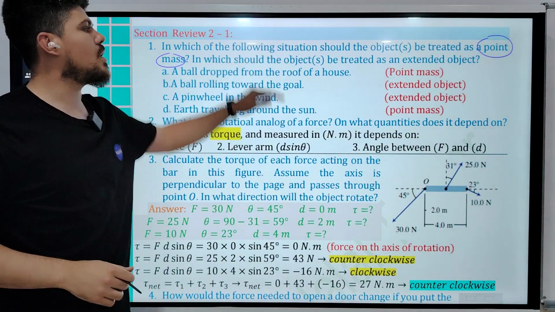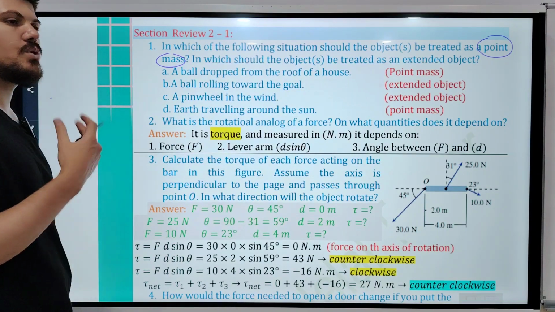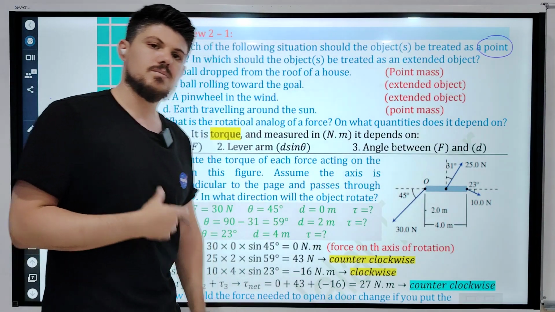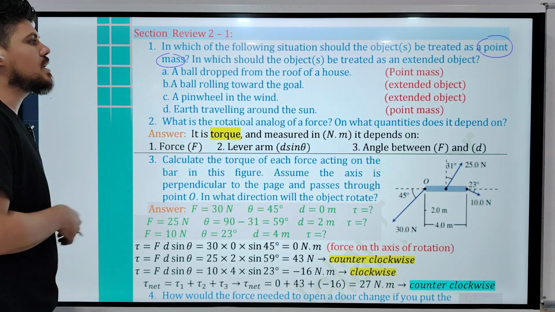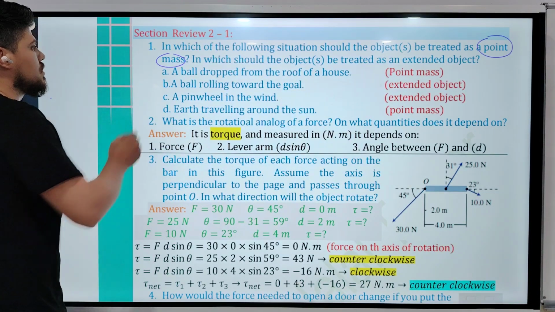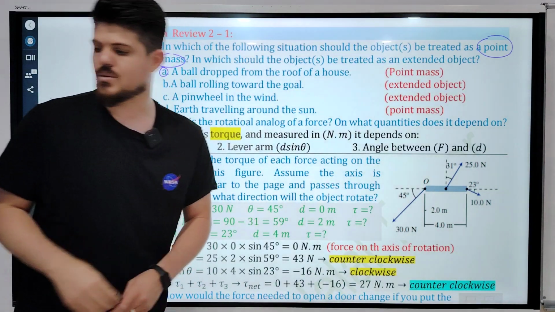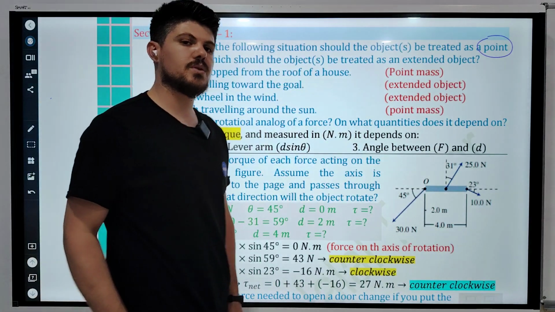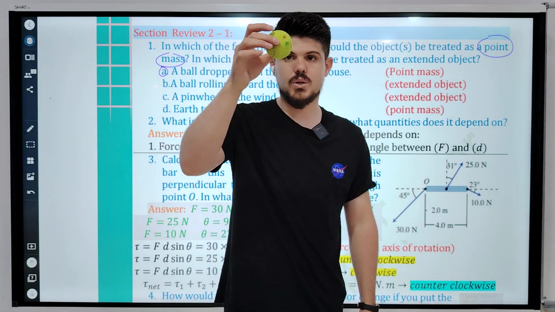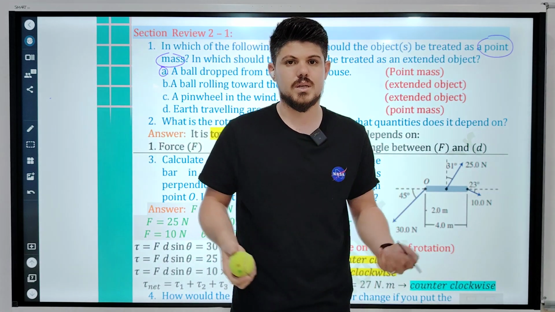In which of the following examples should the object be treated as a point mass, and in which should the object be treated as an extended object? Take a look. A ball dropped from the roof of the house. Because the question says drop, it means without rotating.